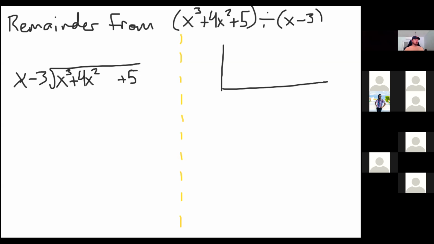Just based off one of the answers, again, I'm only asking for the remainder in this case. What is the remainder?